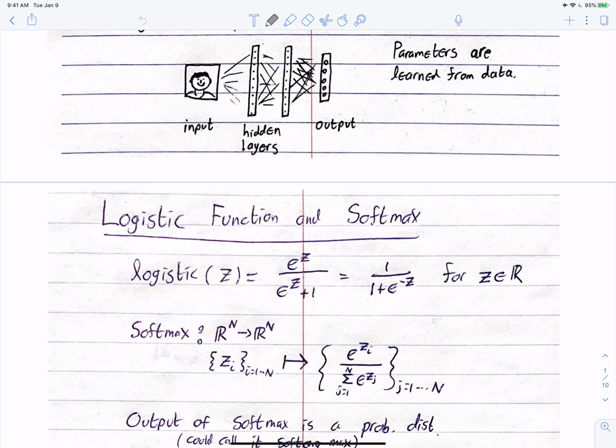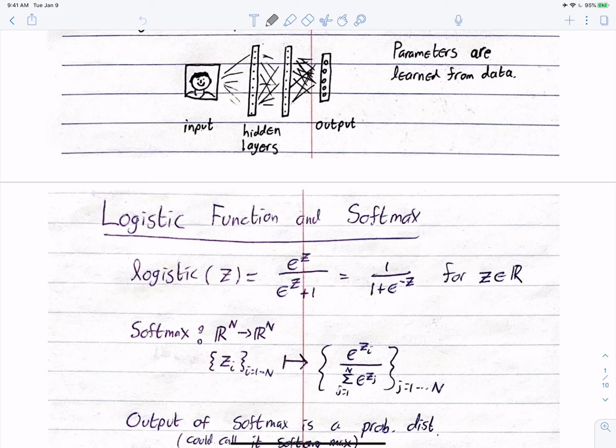So here we could define a logistic function of z to be the function e^z divided by e^z plus 1, or 1 over 1 plus e^(-z). And this function is defined for all z in R, and if z is really big, then it's roughly 1. And if z is really negative, then it is roughly 0.